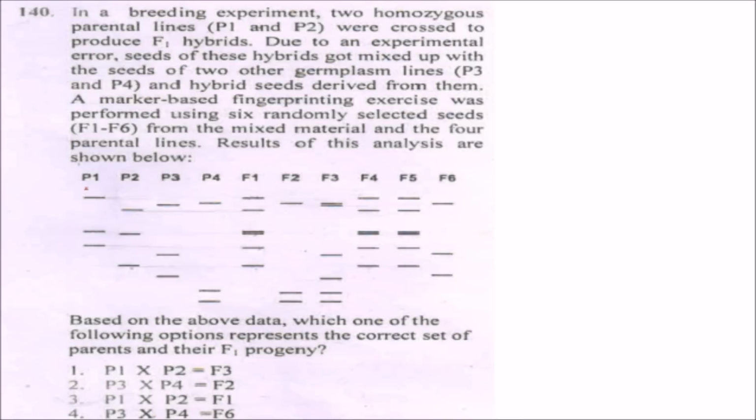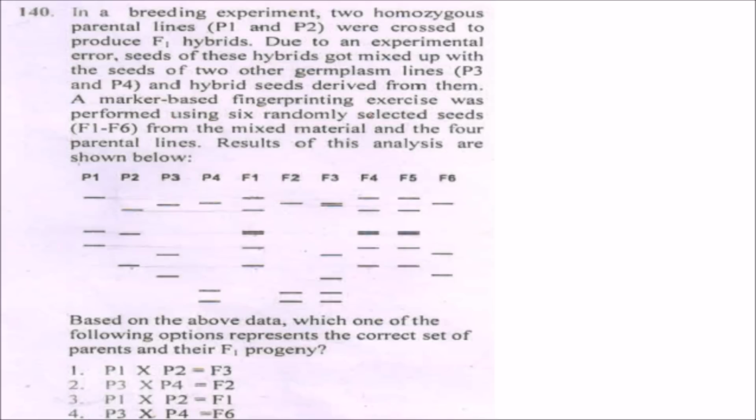Quite simple questions. In a breeding experiment, two homozygous parental lines P1 and P2 were crossed to produce F1 hybrids. Due to an experimental error, seeds of these hybrids got mixed up with the seeds of two other germplasm lines, P3 and P4, and the hybrid seeds derived from them.